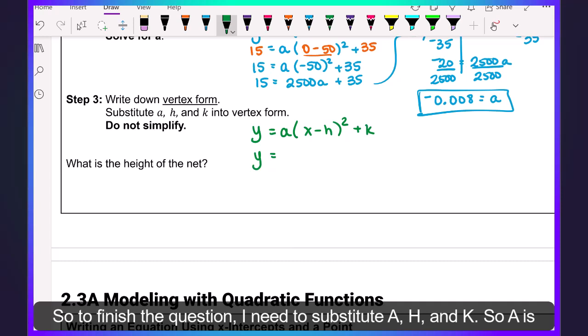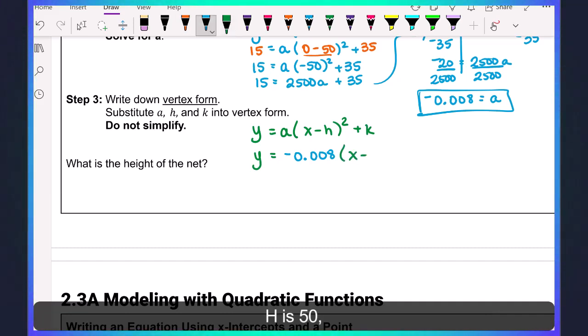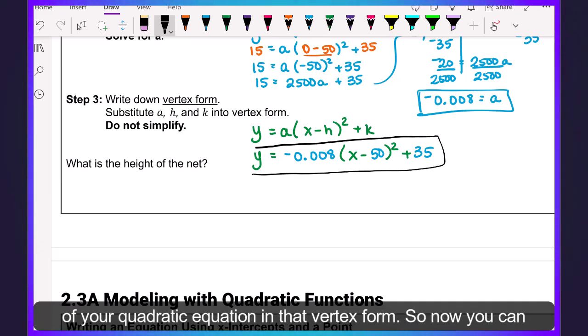So to finish the question, I need to substitute a, h, and k. So a is negative 0.008. H is 50. And K is 35. And that is your final form of your quadratic equation in vertex form.